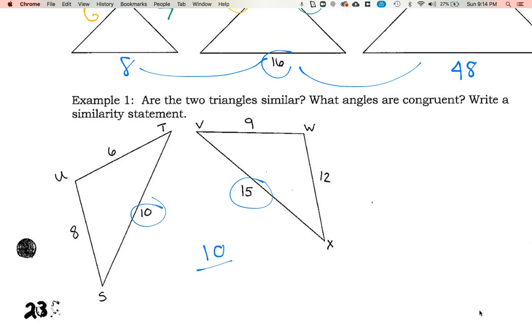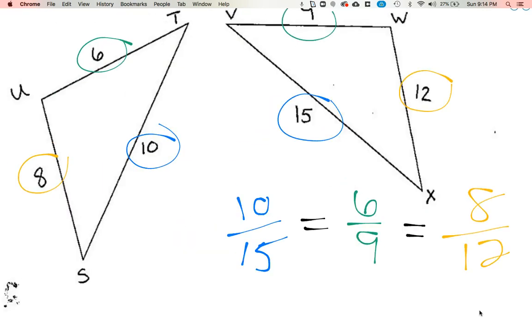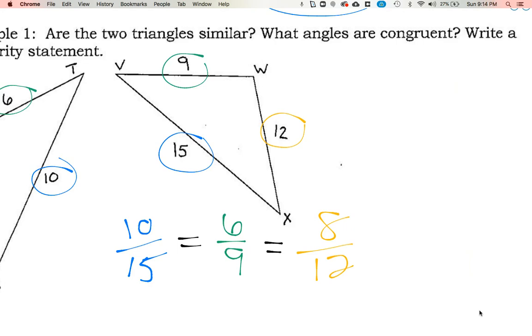So 10 over 15, that ratio should be the same as, now I go for the smallest one, 6 and 9. And then the middle and the middle, 8 and 12. If those are indeed proportional, and they do, they all simplify down to 2/3.